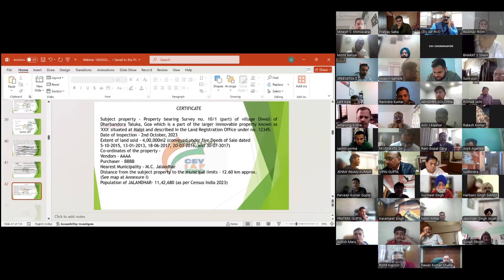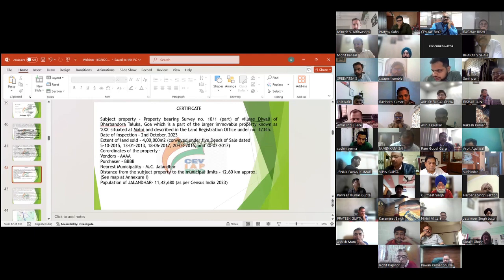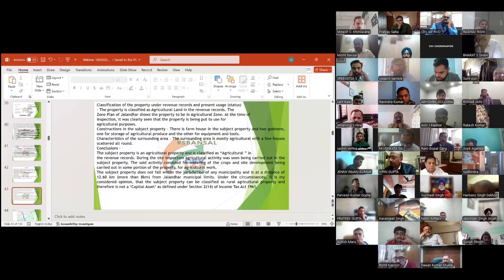For example, we take a property bearing survey number 10-1 part. This is the village name Diwali, part of a larger immovable property known as. This is the data given to you.